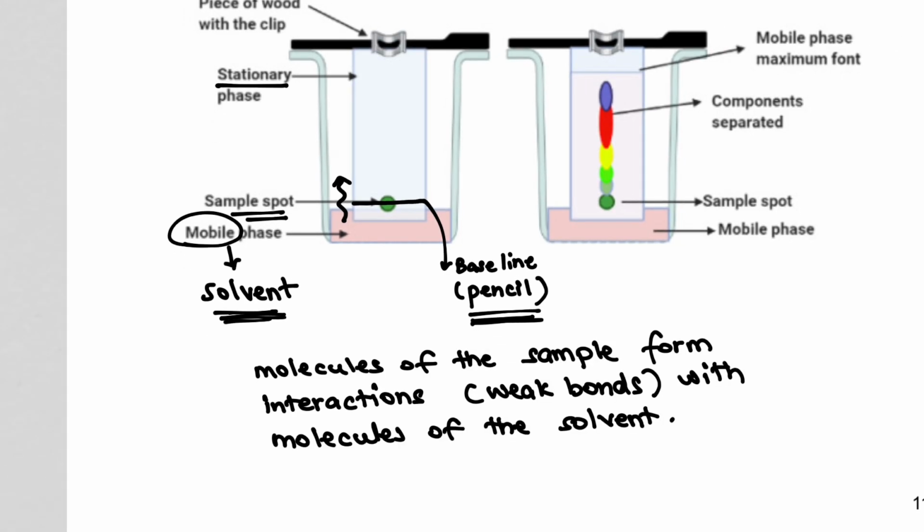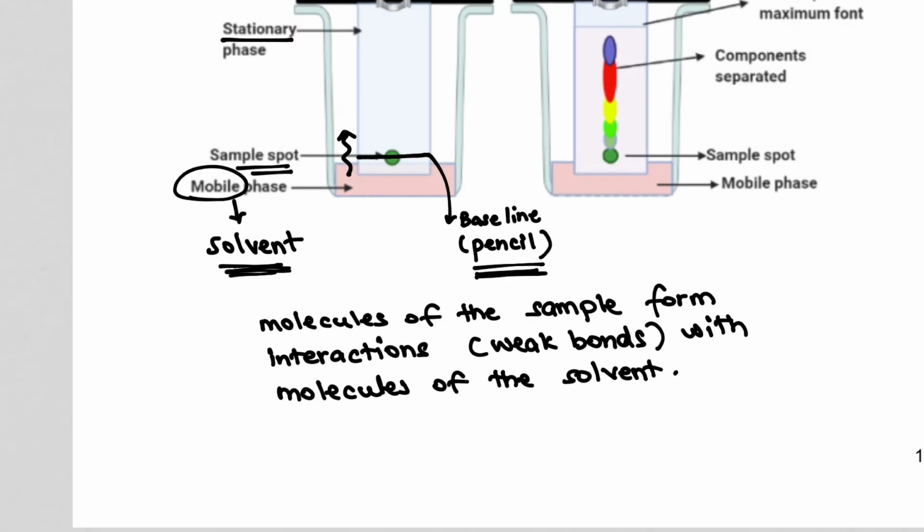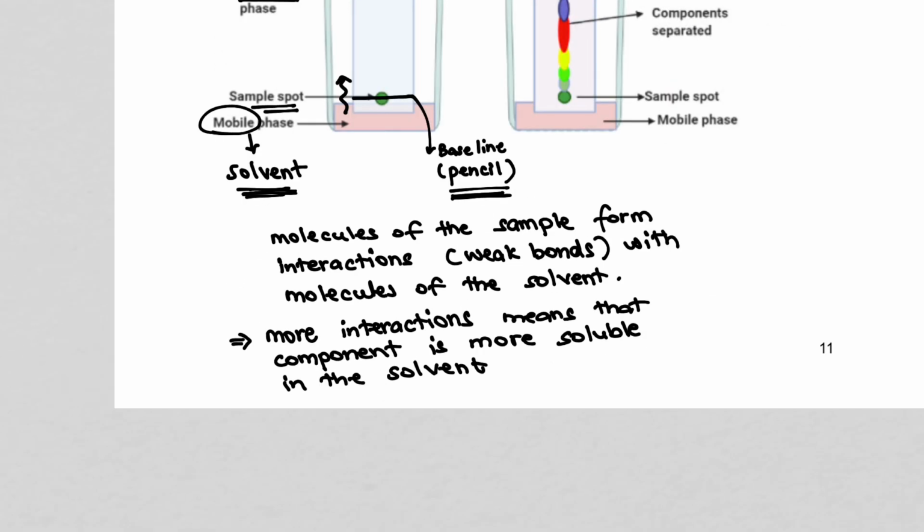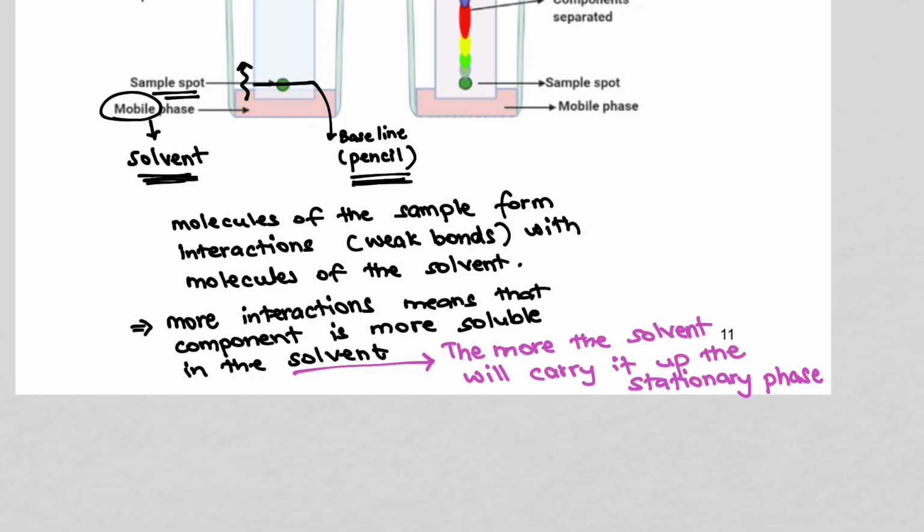The more interactions there are between the solvent and the sample spots, the more soluble it will be in the solvent. And the more soluble it is in the solvent, the more the solvent will carry it along with it up on the stationary phase. And the stationary phase, this is the chromatography paper.